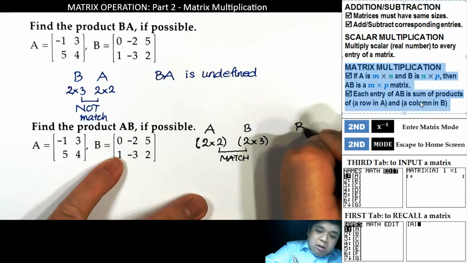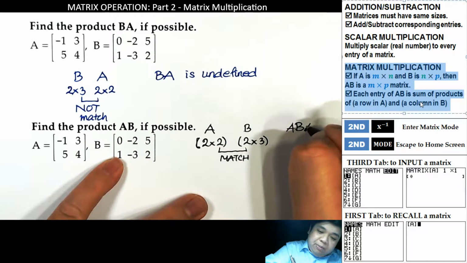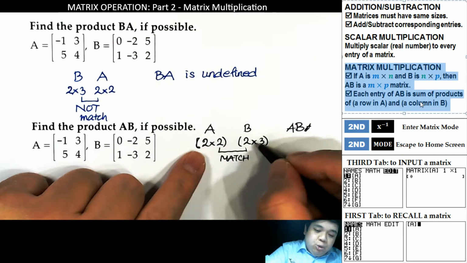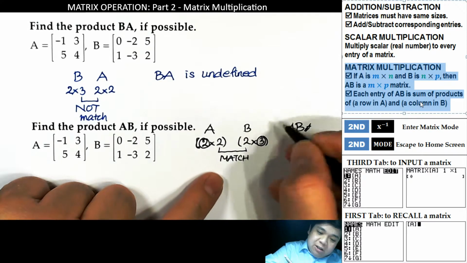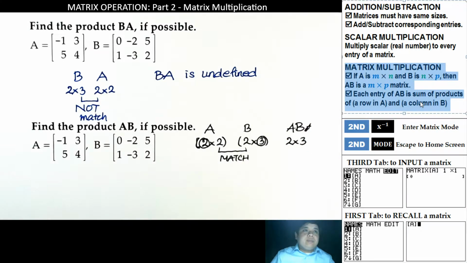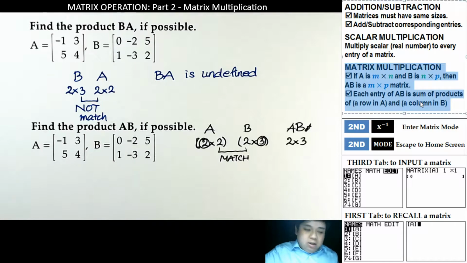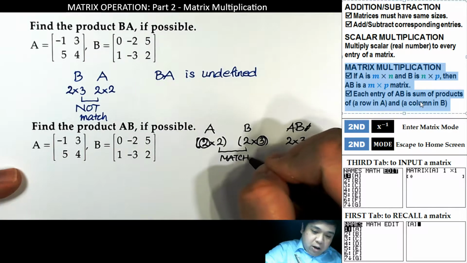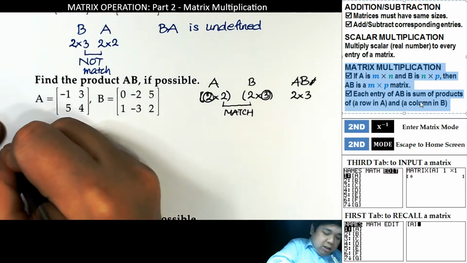So the product A times B is going to be a 2 by 3, the outside numbers. The middle numbers must be the same, and the outside numbers give us the dimension of the product. Let's do A times B.